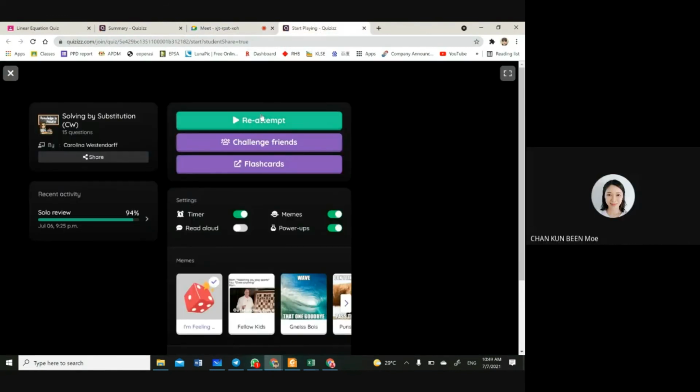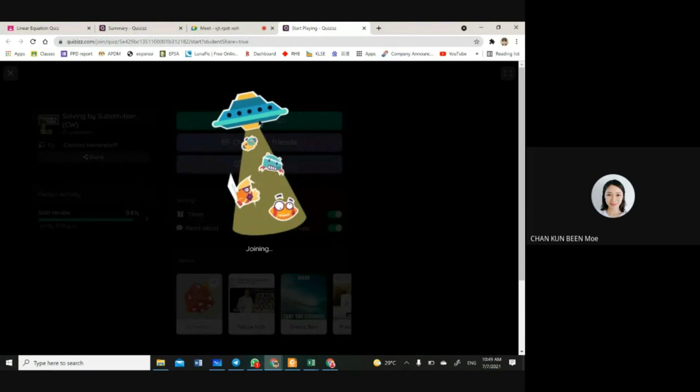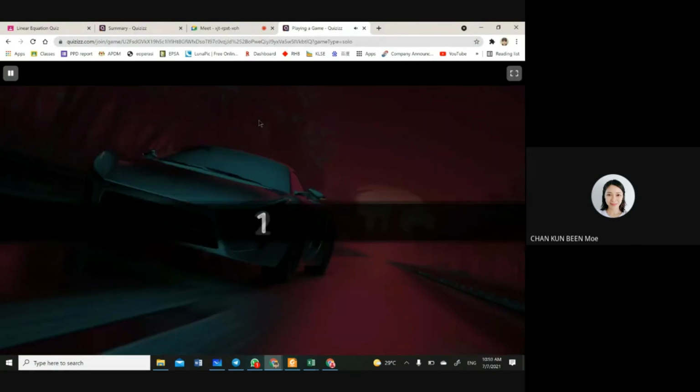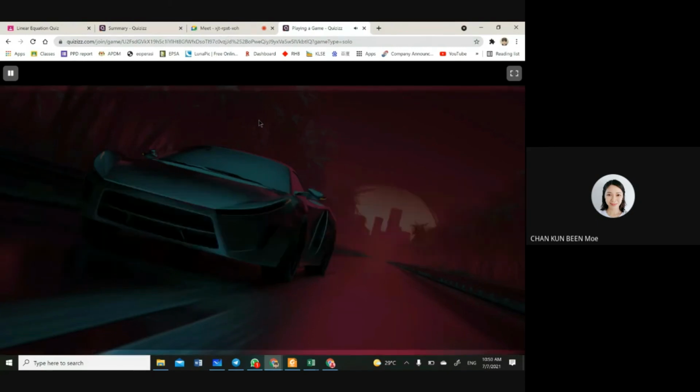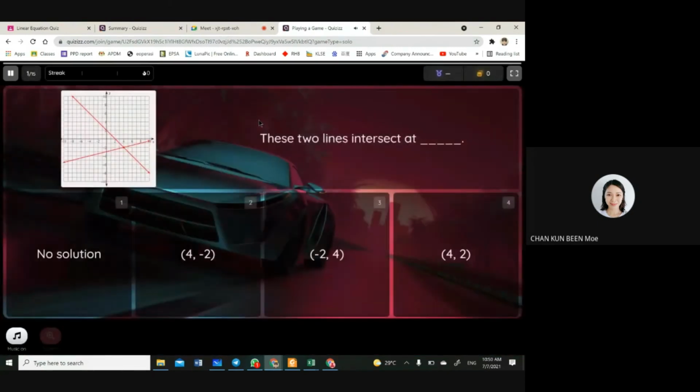So let's check this together, because this one is related to what we have learned in the previous lesson. Okay, look at the first question here. I'm not sure whether you can see this or not. These two lines intersect at. Can you see the figure here?